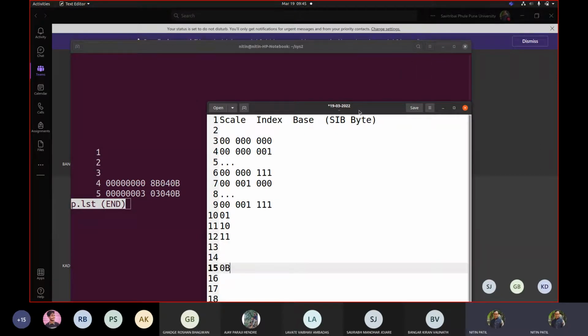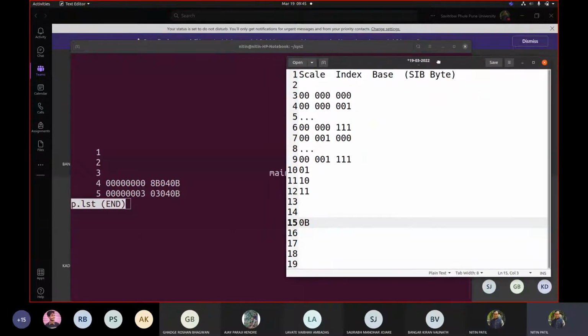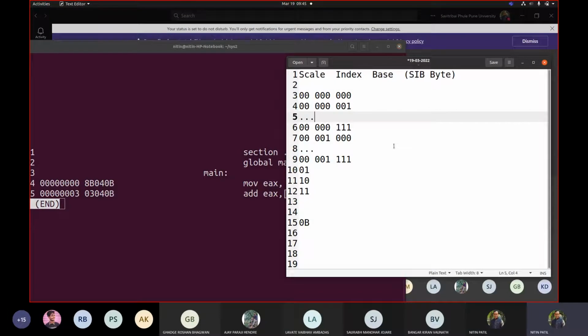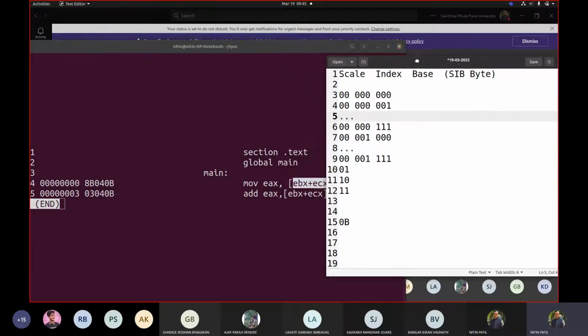How will you write 0B in binary? 0 0 0 0. Then B means what? 1 0 1 1. Very good.